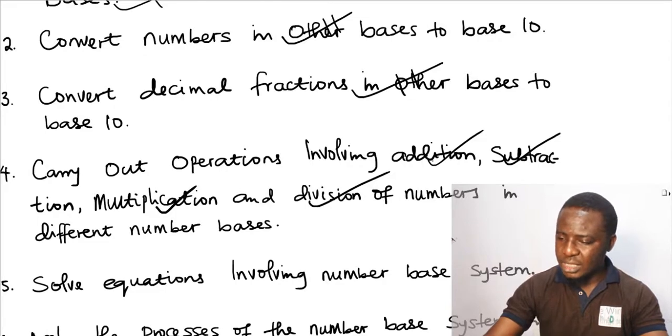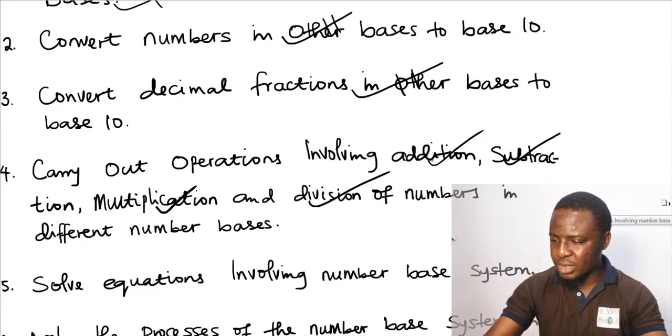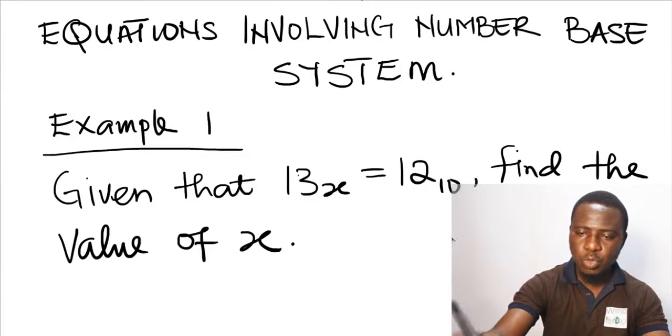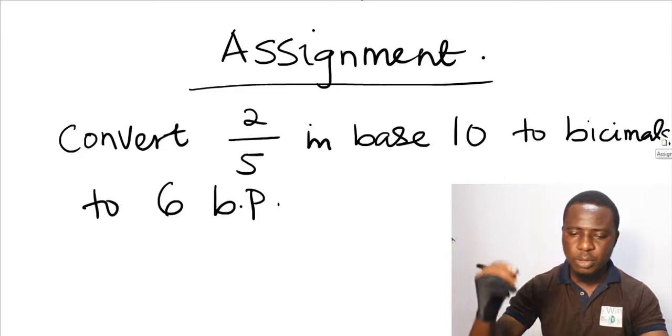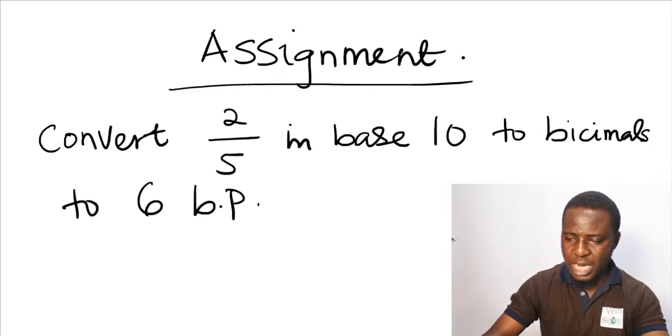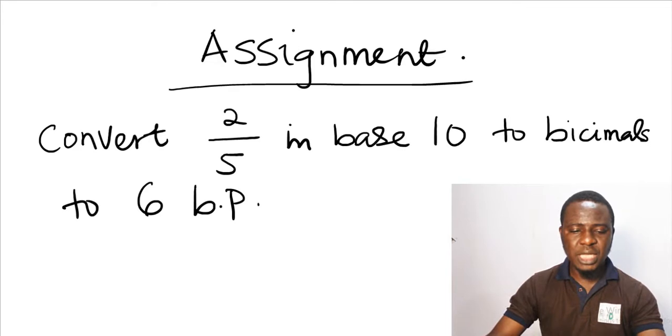At the end of that class, I gave an assignment which I would like us to look at before we go over to today's class. The assignment says we should convert 2/5 in base 10 to decimals to 6 decimal places.